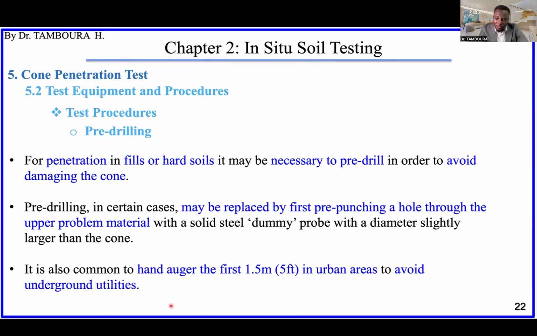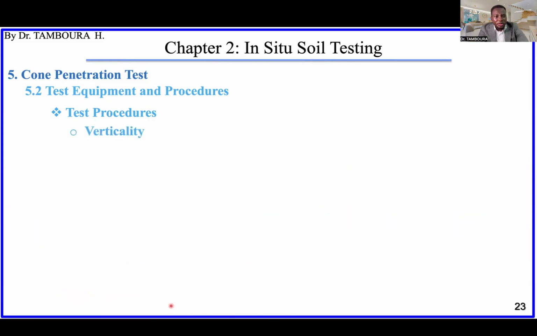Okay. Verticality. When you are performing the test, you have to check if the equipment, the rod and the cone, is vertical.